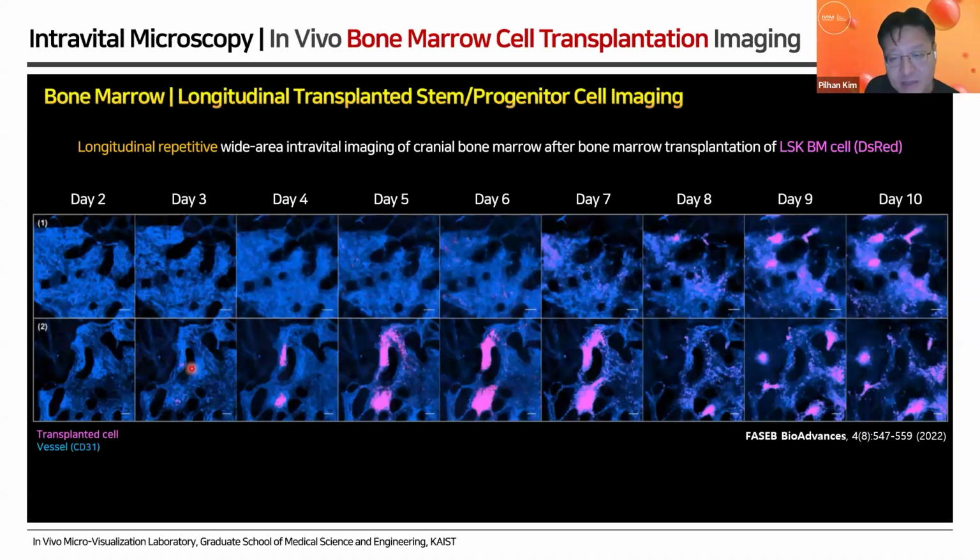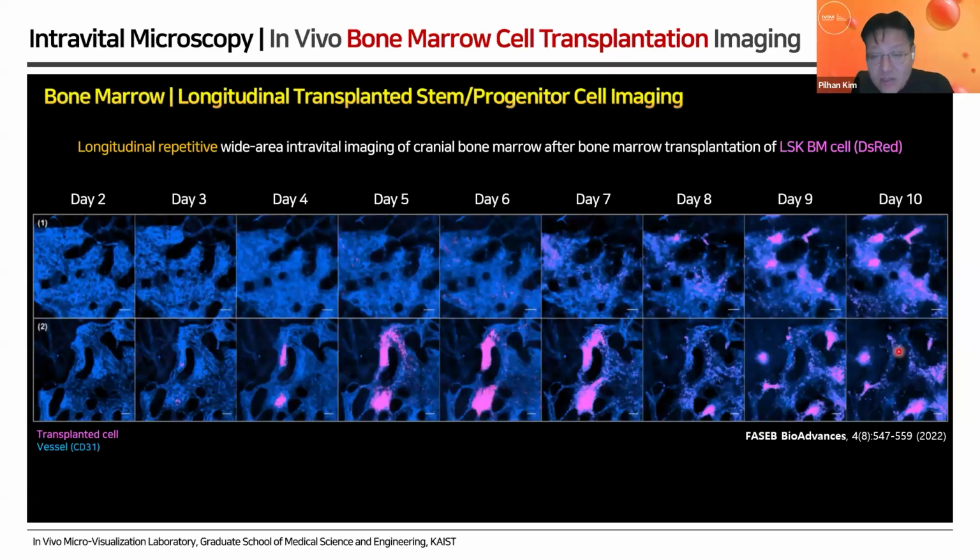Day 4, day 5, 6, 7, right? And then suddenly they mobilized and disappeared from the bone marrow, and they went out to the periphery. But interestingly, if you look here, there's a surrounding niche inside these bone marrows. They now have proliferations of transplanted bone marrow cells. So this data suggests, at the end, it looks like this one.